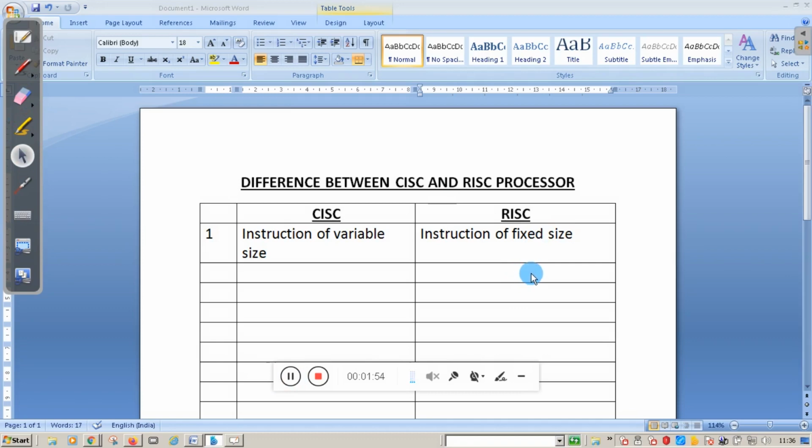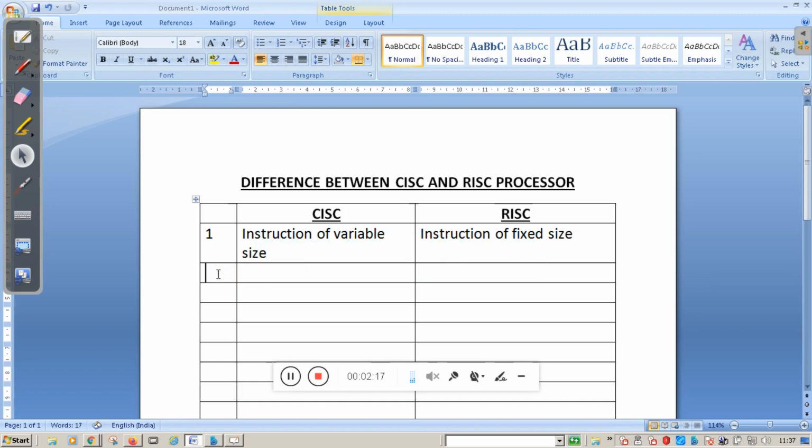That guarantees that fetching of the instructions will take exactly one clock cycle, whereas in a CISC processor the fetching of instructions takes many clock cycles based on the instruction size. That is the difference between instructions of variable size and fixed size.